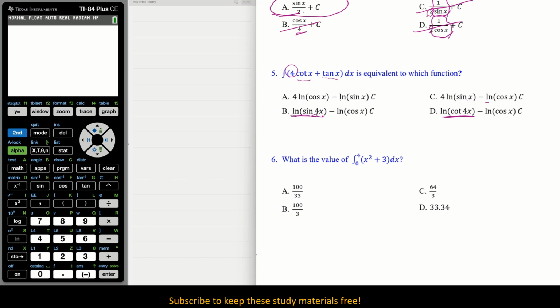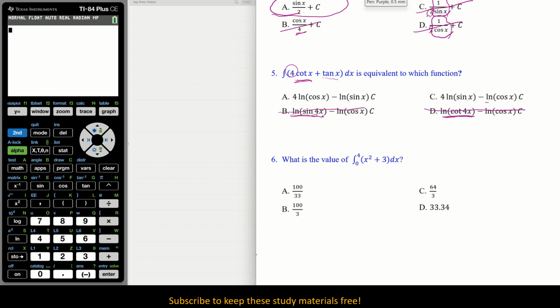That is not what we do with the 4. We do not stick it in with the angle measure. That just doesn't work. So B and D simply don't follow the rules of integration. Now, for the first term, the 4 works. But when we looked at the first part of the video, you can go back and take a screenshot of that if you like, or if you have your notes.